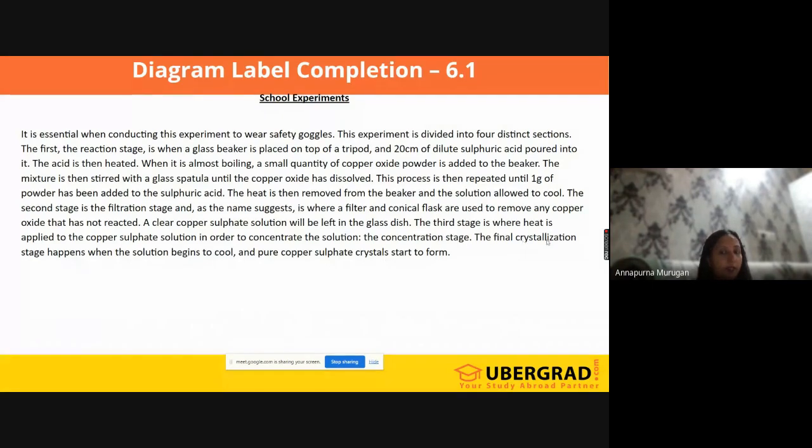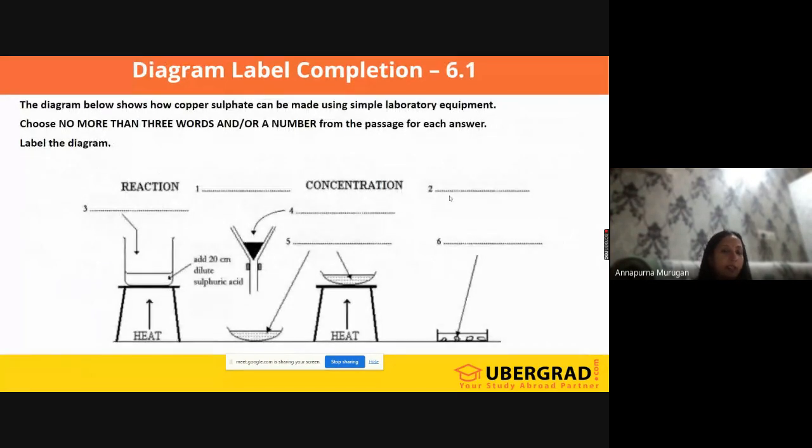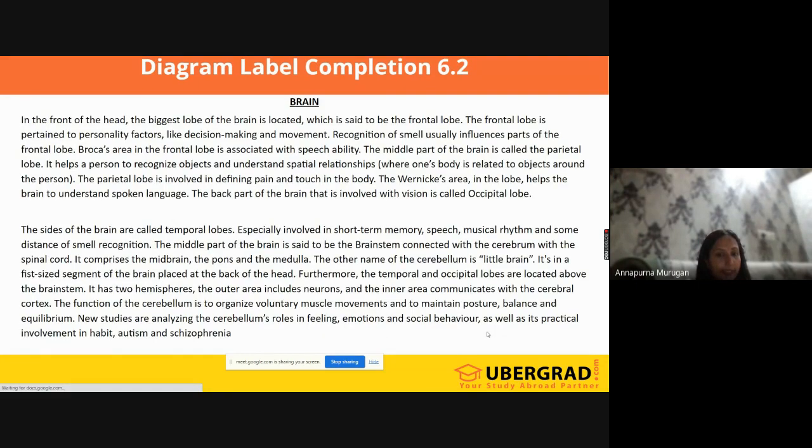The final crystallization stage. So therefore, here they have only named the stages. So this will be your crystallization stage. Okay, what is it? It is the crystallization stage. And in that, what is happening? Something is left over in the cube. So let us see what it is.